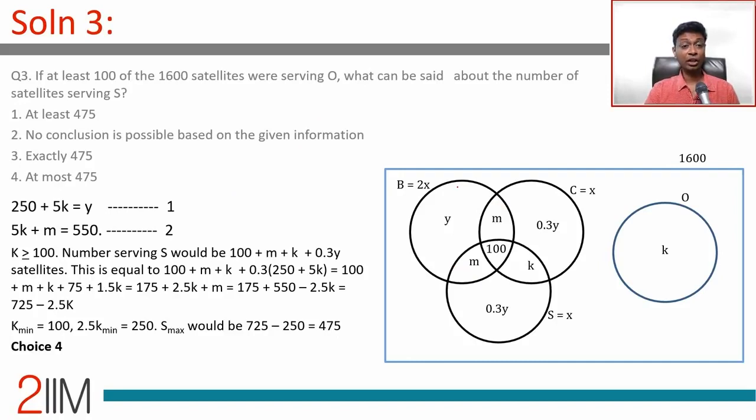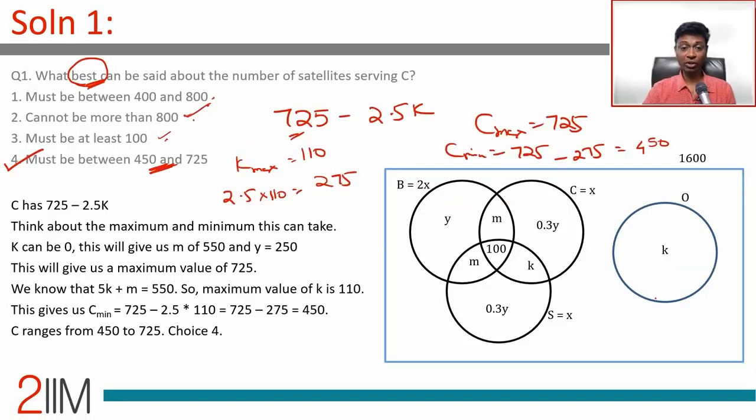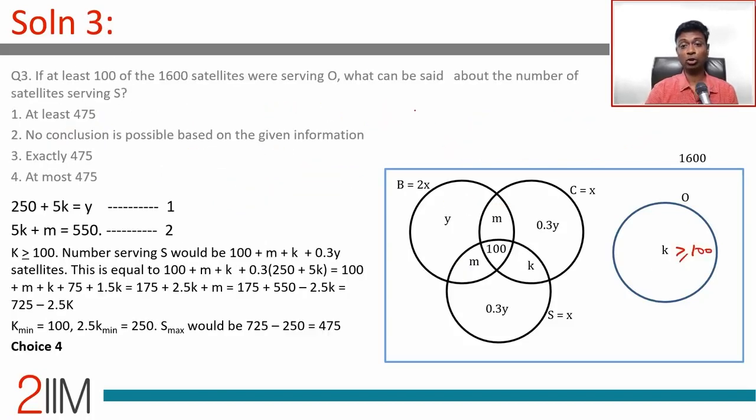If at least 100 of the 1600 satellites were serving O, what can be said about the number of satellites serving S? We know K is greater than or equal to 100. Fine, that much we know. We've already found the expression for S because we found it for C. C and S are the same total number, 725 minus 2.5k. We know that k is greater than or equal to 100 and less than or equal to 110.